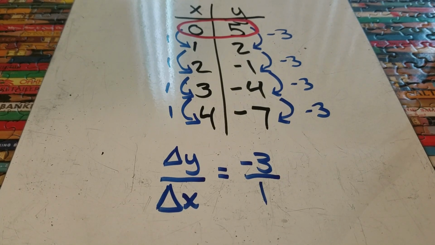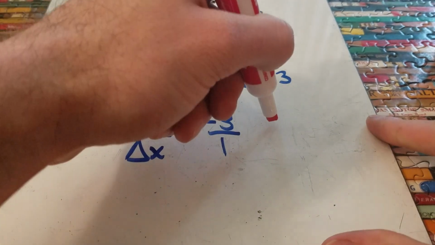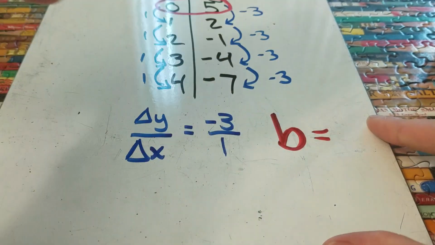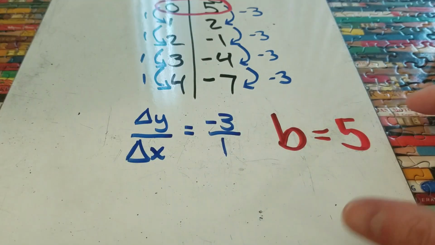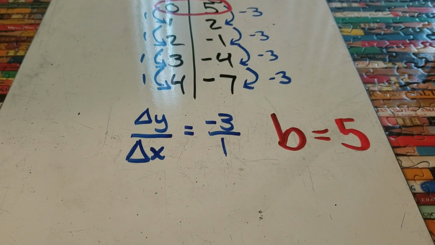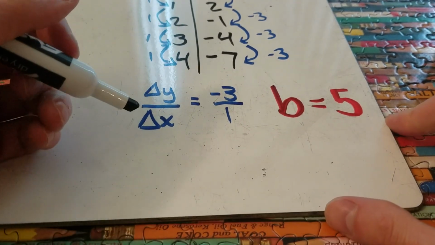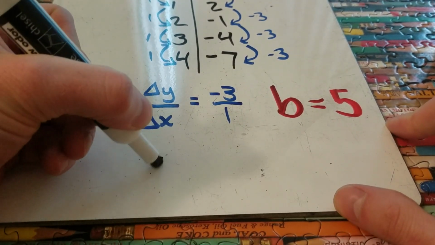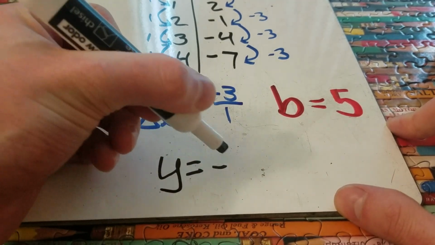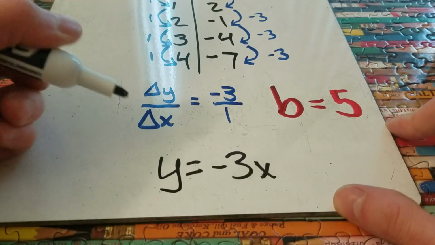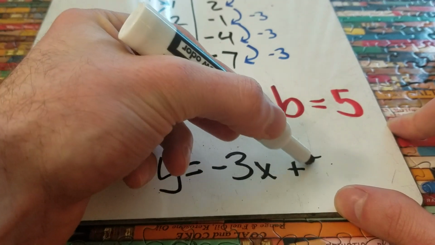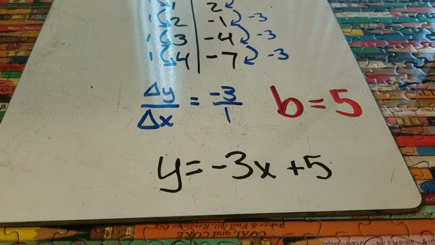That would be the point on the y-axis that the line goes through. So I know my b is 5. So I know my slope and my y-intercept. For this problem, it should be easy to write in y equals mx plus b format: y equals negative 3x plus 5.